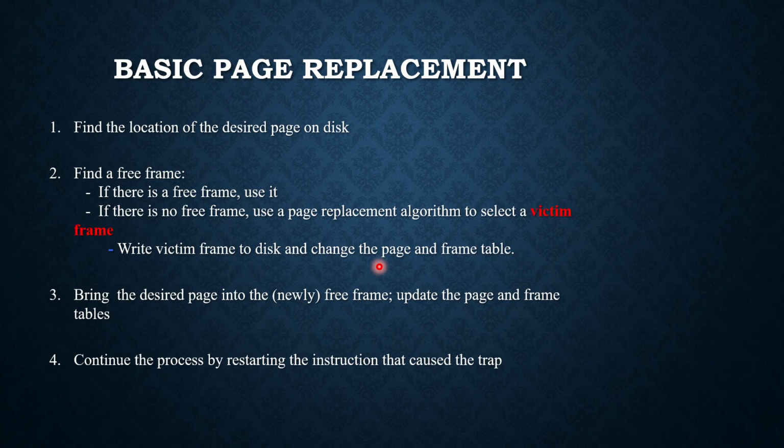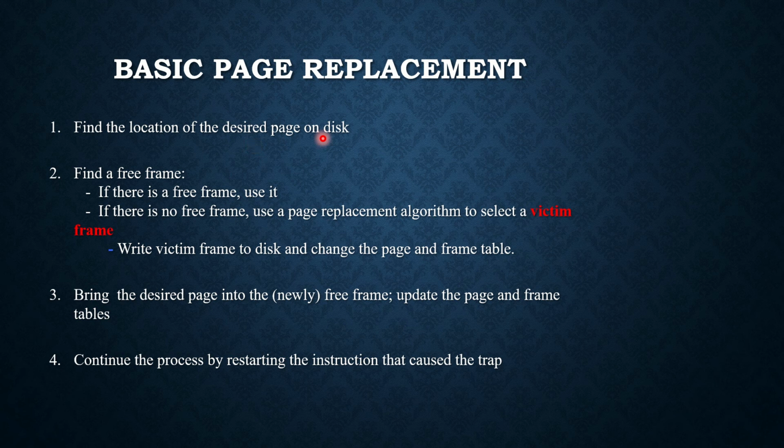Now, what basic page replacement does is find the location of the page. When a page fault occurs, that is, the requested page is not there in the memory, it will find out where that page is on the disk.